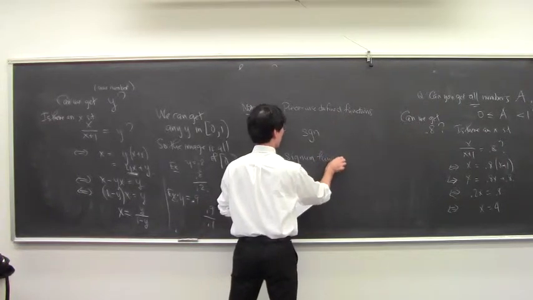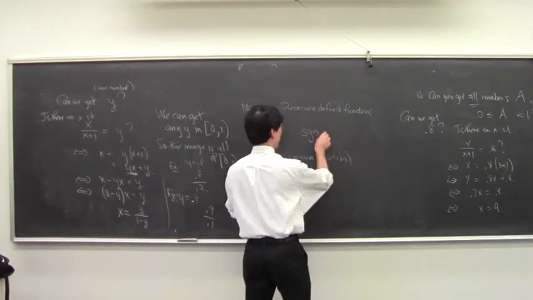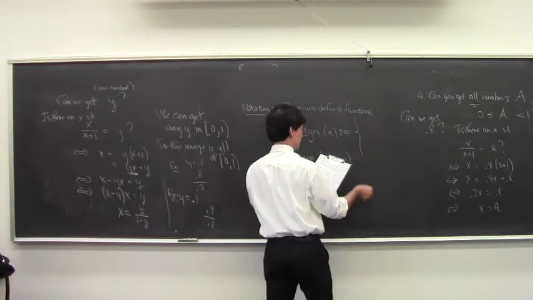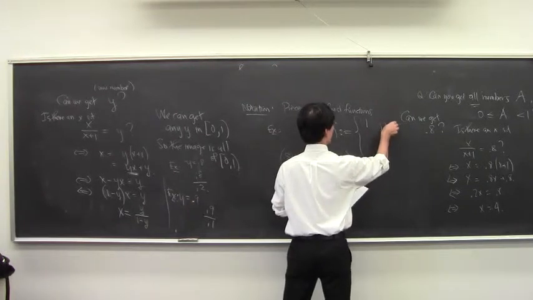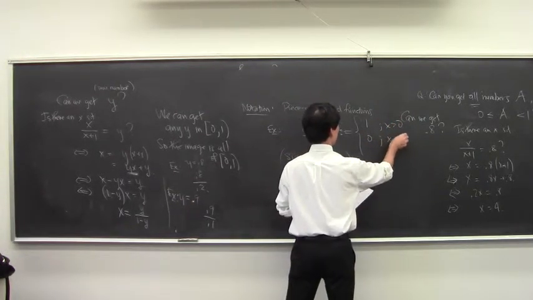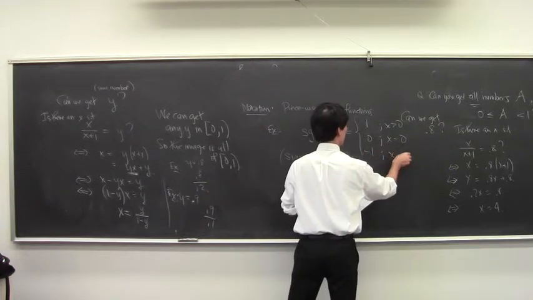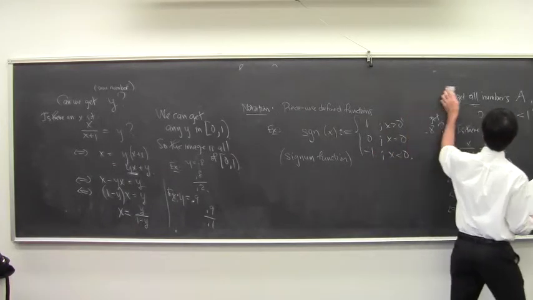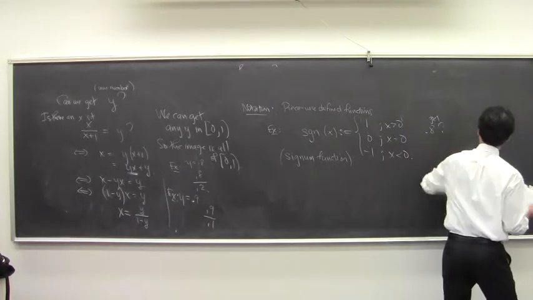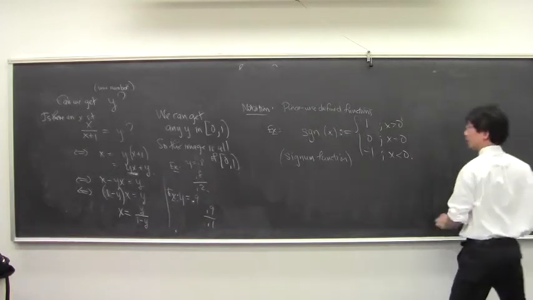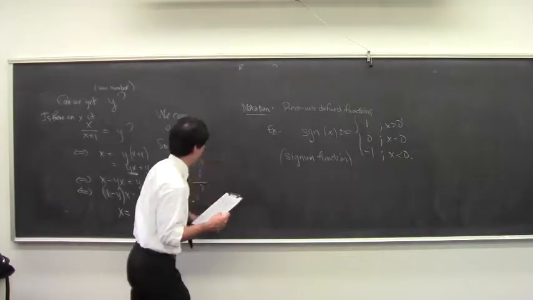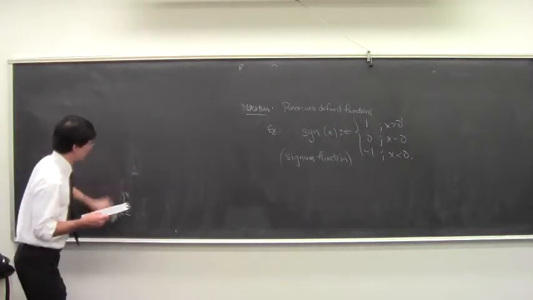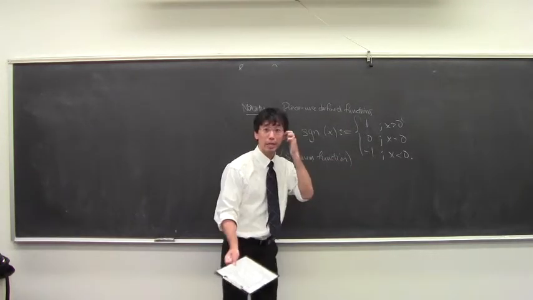The way it's notated is 1 if x is bigger than 0, 0 if x equals 0, -1 if x is less than 0.